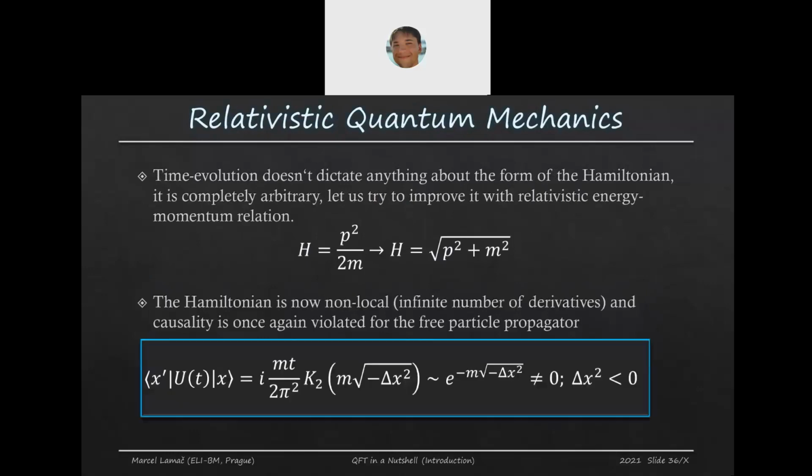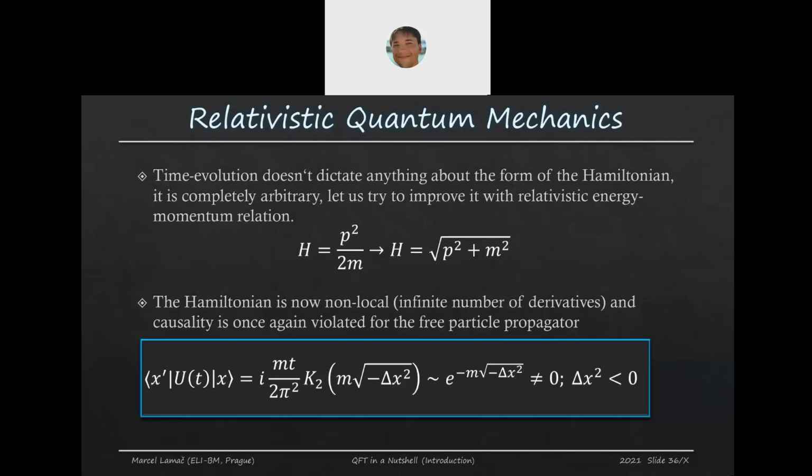that leads to problems. First, the Hamiltonian is non-local. This can be shown, since when you have an infinite number of derivatives, there is a problem. But that's not the most important. Well, it is an issue, because we were talking about the concept of locality and how it is related to causality.